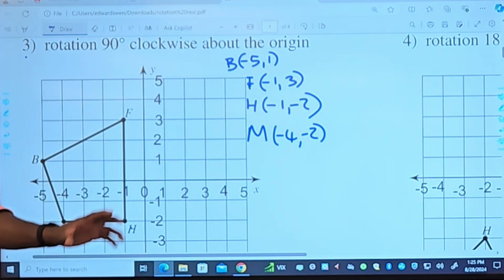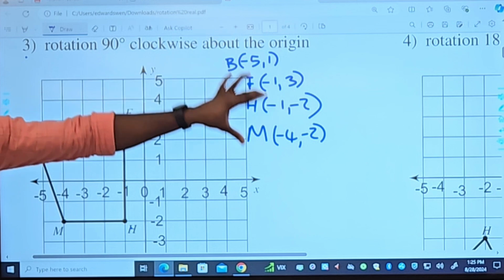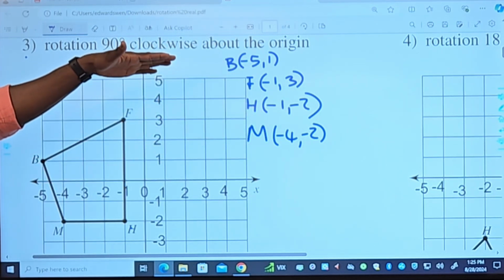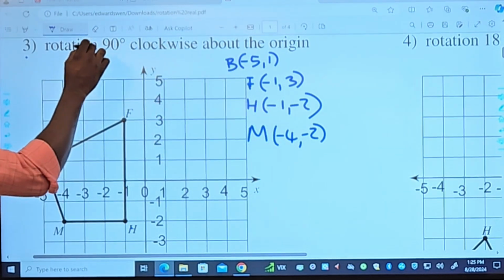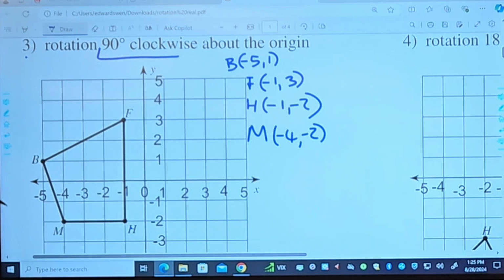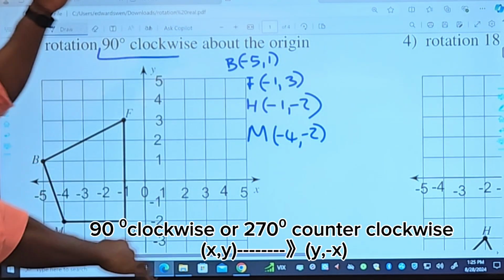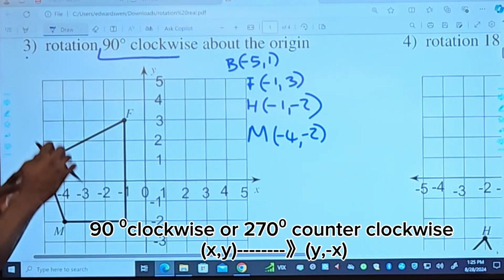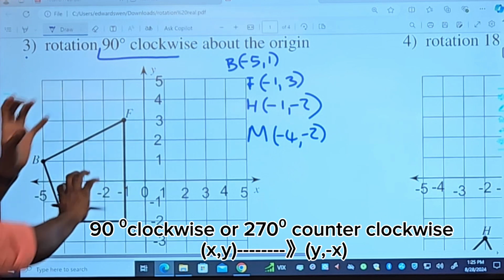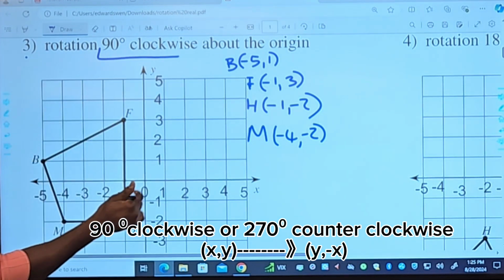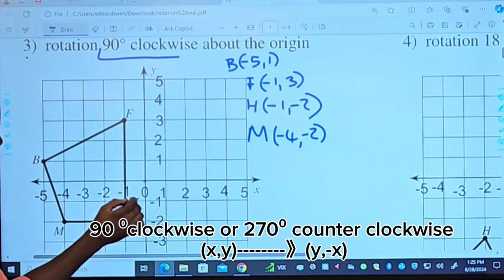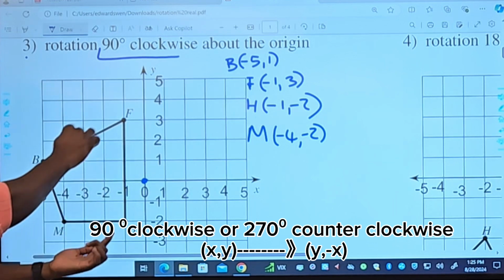All right. So here we have the pre-image coordinates right there. Remember now we're rotating 90 degrees, but clockwise this time. So we're going like the hands of a clock, this way. This is our center of rotation right here. It's going around this.